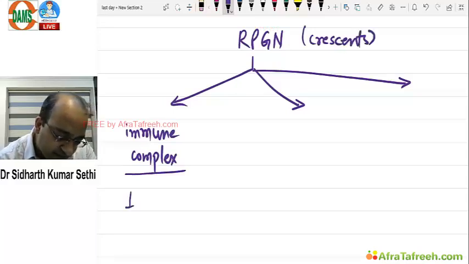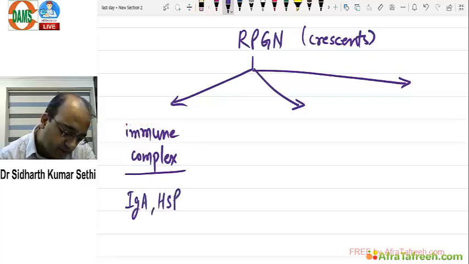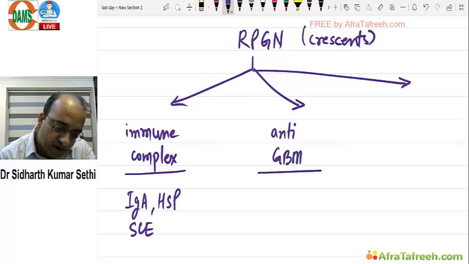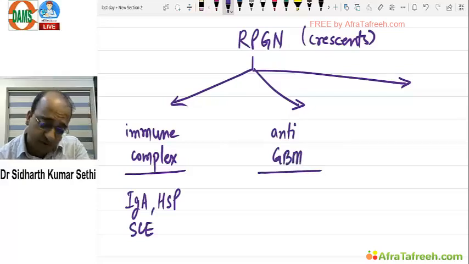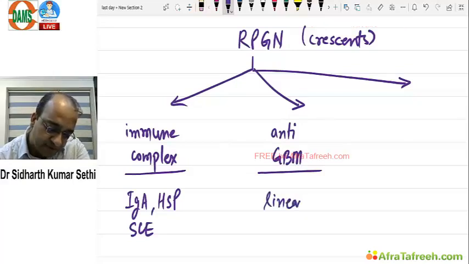Immune complexes are seen in IgA, HSP, SLE, or it can be an anti-GBM disease, where you see linear immunofluorescence. So anti-GBM, where you see linear deposits of IgG and C3.